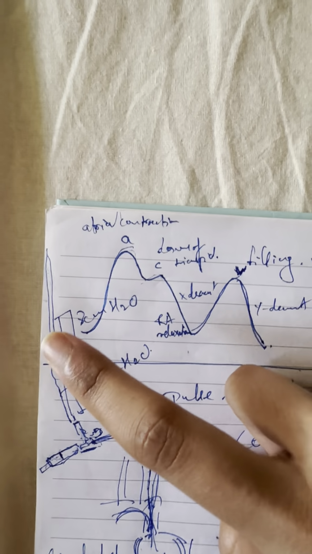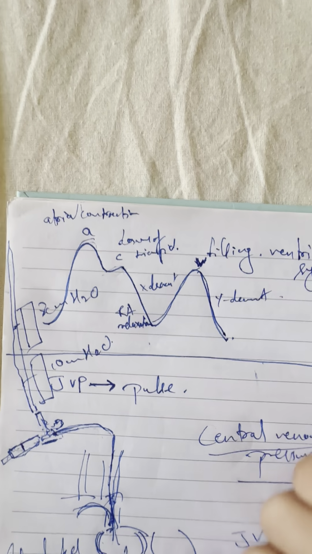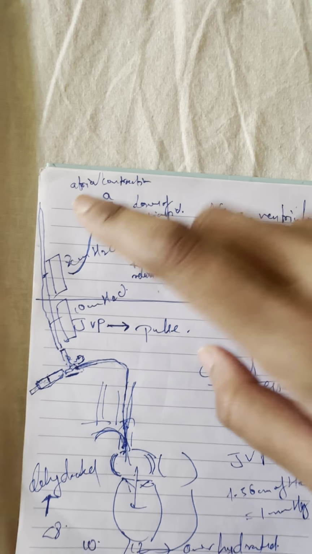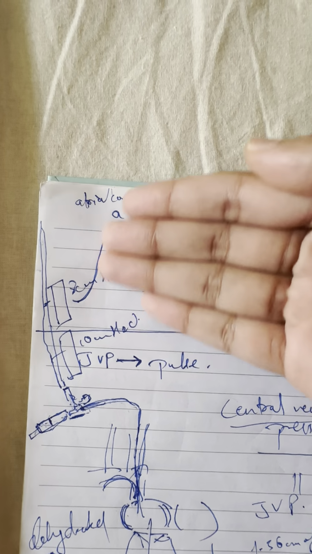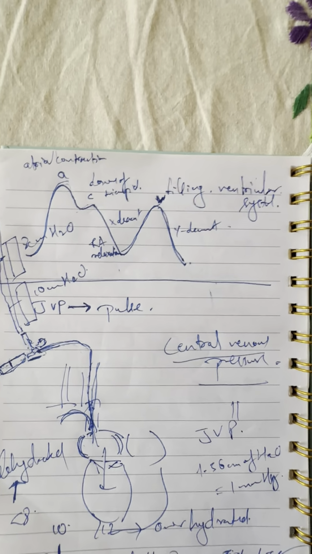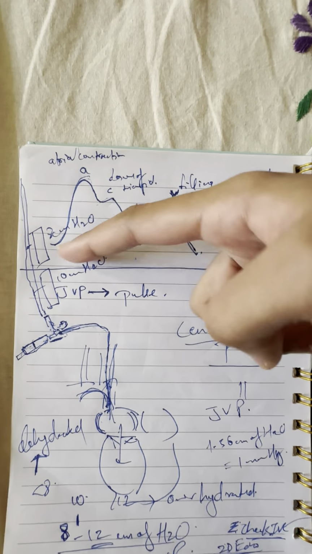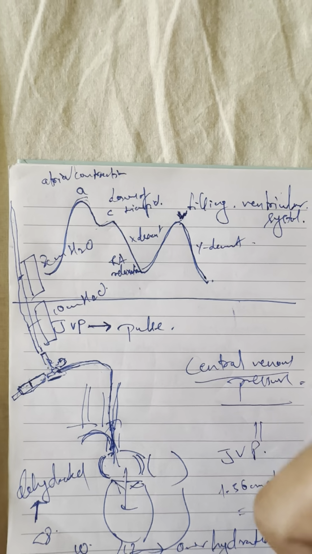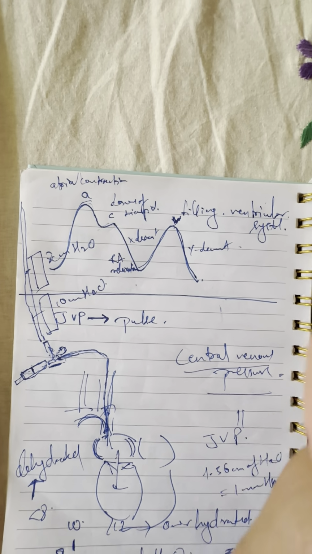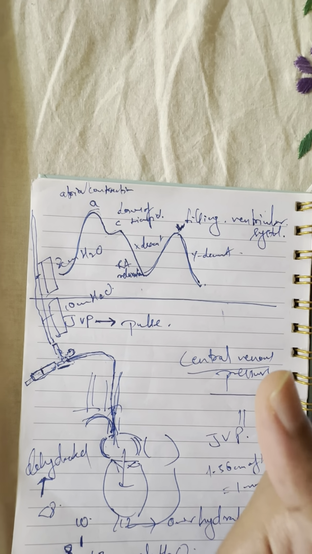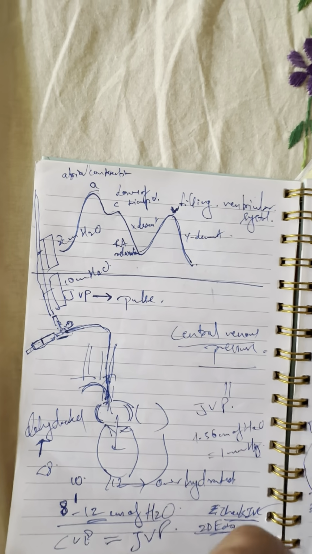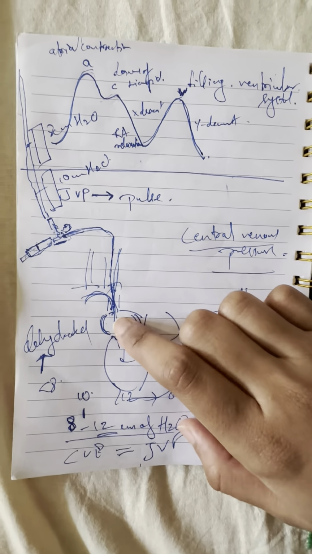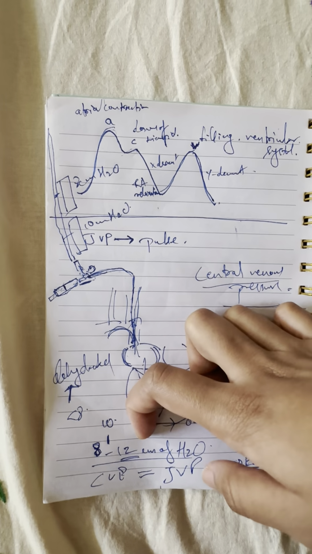Now coming to individual waves. If only the A wave is elevated a lot, imagine a large A wave, that is because of tricuspid stenosis, pulmonary stenosis or pulmonary arterial hypertension. Why? Because in this case, there is a stenosis, so there is going to be an increased right atrial pressure to push the blood from the atria into the ventricle.